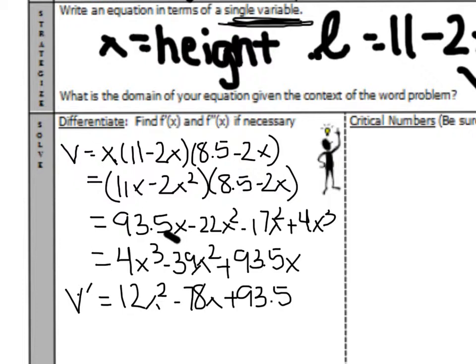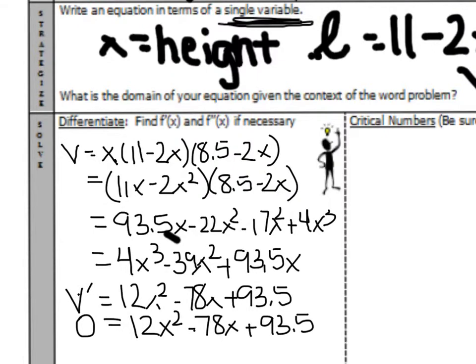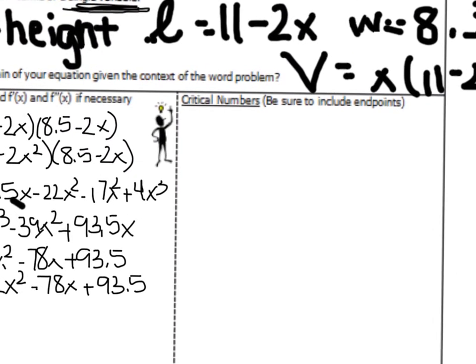So we end up setting this equal to 0. And now this is not a factorable equation, so I would have to use the quadratic formula or graph it in my graphing calculator and find the zero. When I do that, I find one critical number, and that critical number is 3.04.